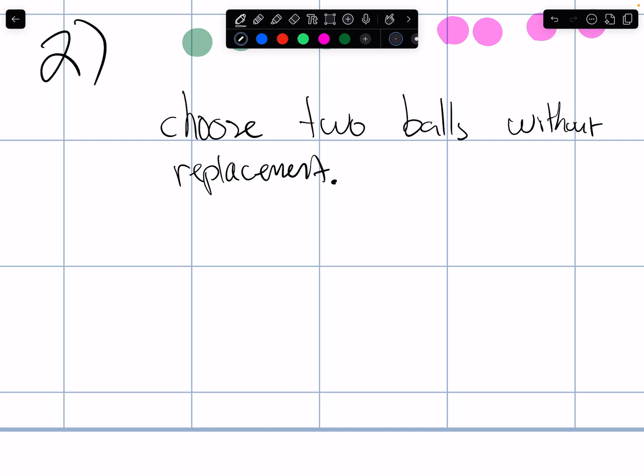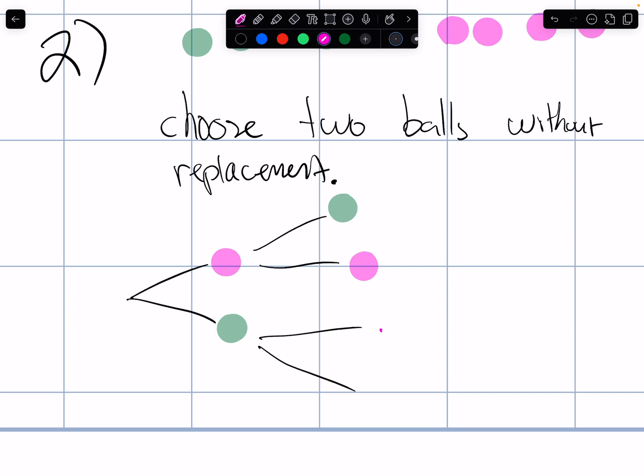Over here. So we have pink, green. Then we have pink, green. And over here, we also have pink and green.